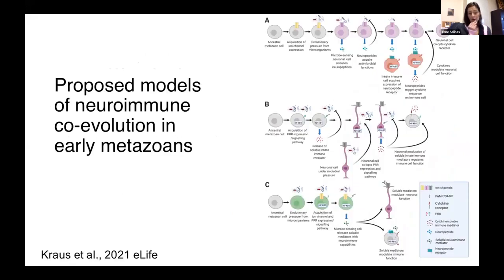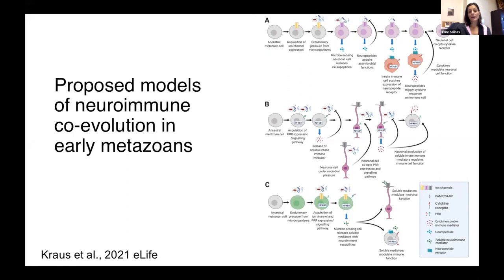So in our recent review paper, we thought hard about how perhaps this coevolution had happened early on at the base of the metazoan tree of life, and even perhaps earlier than that, as I'll show you in a second.